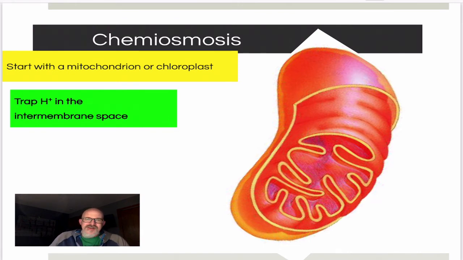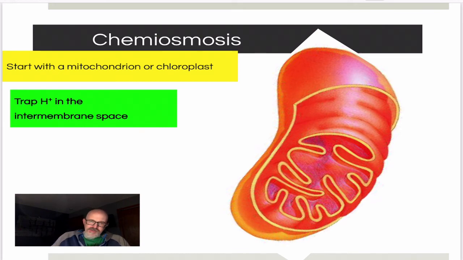And then we have our mitochondria, our powerhouse of the cell, or a chloroplast. And basically what we're going to do is we want to trap hydrogen ions in the intermembrane space. So that folded membrane, we want to trap H's all through this area in that intermembrane space. And that will then create a concentration gradient that will drive the protons to flow back through a specific protein and create massive amounts of ATP.